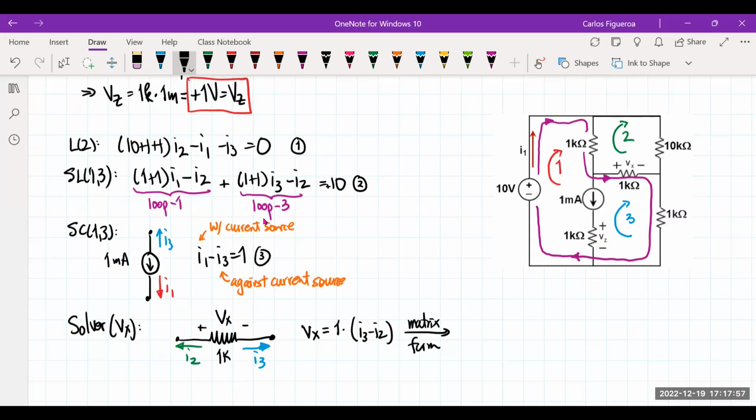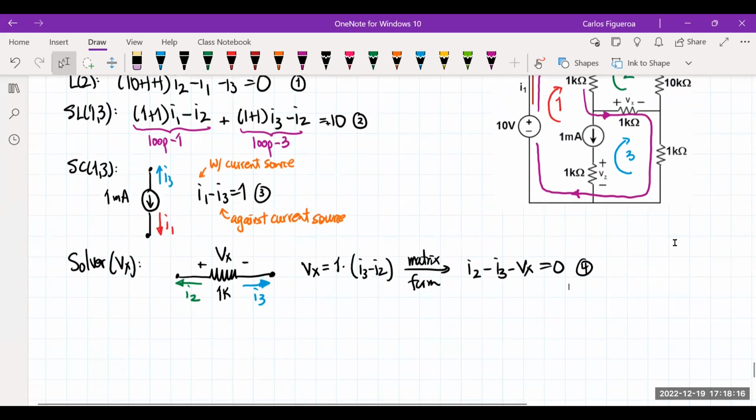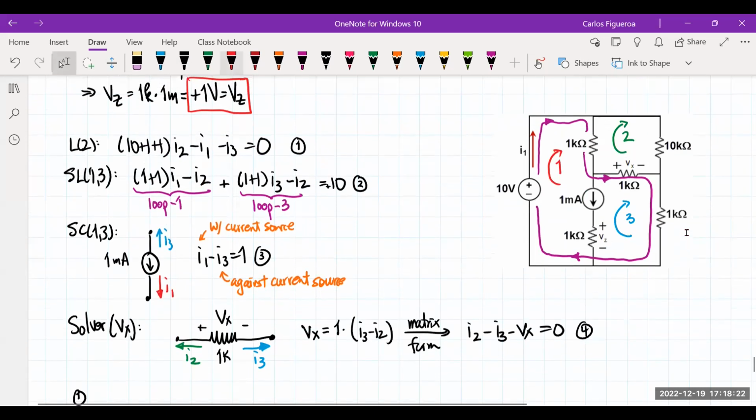And therefore, in matrix form, I'm going to write I2 minus I3 minus Vx equals 0, and this is my fourth equation. So now let's bring all these equations together. I'm going to start right here.